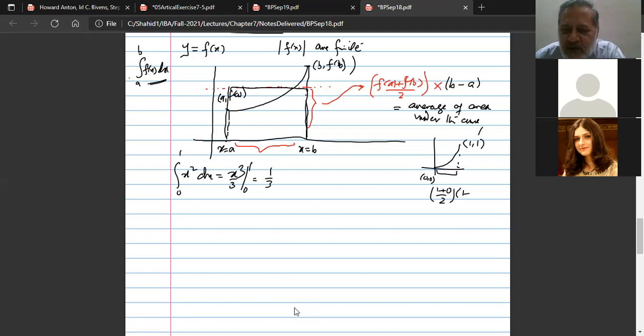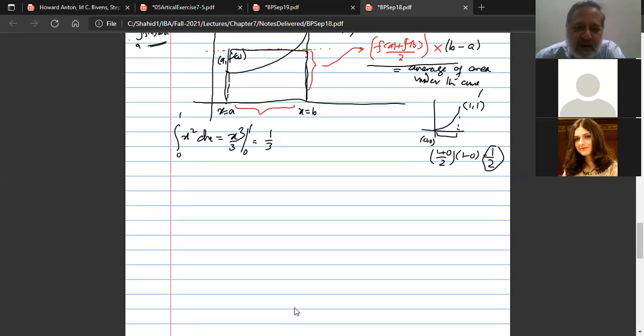Width of the interval 1 minus 0. So that gives me 1 by 2. The 1 by 2 is nowhere near the actual area under the curve जो कि मुझे integration से हासिल, definite integral से हासिल. So I want to improve upon this estimate. To improve upon this estimate, I divide the interval of integration into two parts.